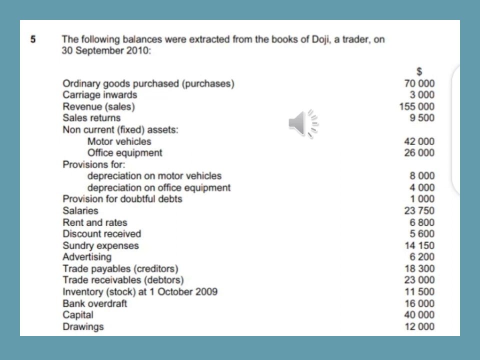It is included in the cost of goods sold, if we remember that. We all know how to treat revenue, sales returns, non-current fixed assets. Provisions are already given, provision for doubtful debts is also given, salaries, rent and rates, everything is there, and there is nothing that we don't know how to treat.